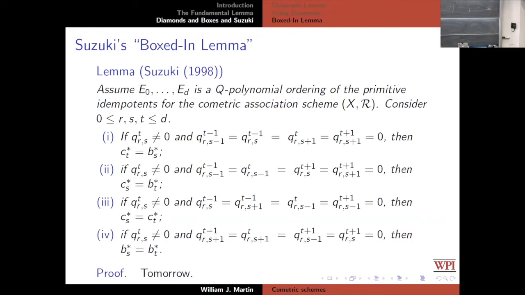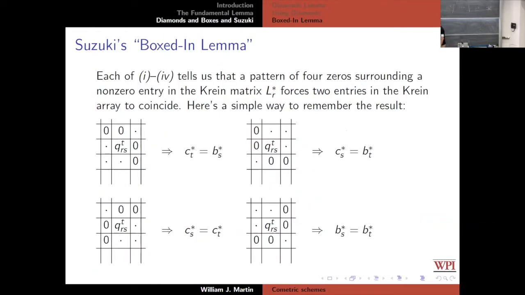Okay, so let me do the pictorial version of this. If I have a non-zero prime parameter, the things above, think above as back, so that's a C, and the things to the right, that's forward, that's a B. CT star, T is the row, is equal to BS star. The things to the left is back, and the things below is forward.